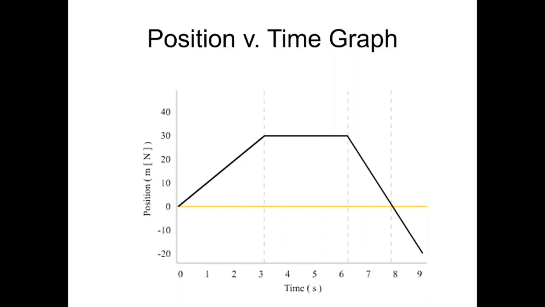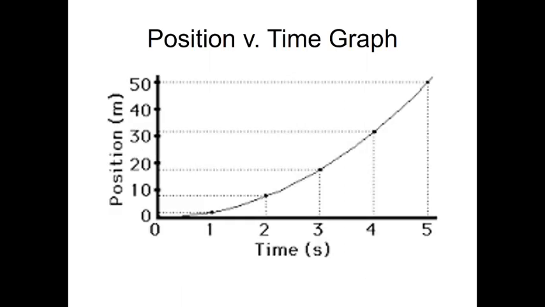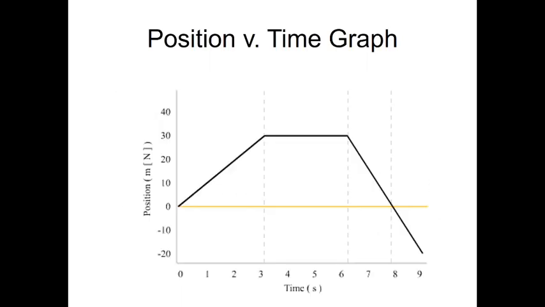All right, so let's say we had a problem. It asked us to find the average velocity of the object shown in this graph between 0 and 3 seconds. So 0 to 3 seconds is right in here. To find the average velocity, we're going to find the slope of that segment of the line. Remember, change in y over change in x.